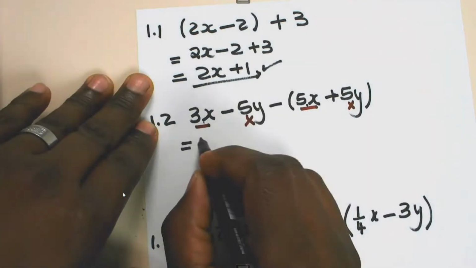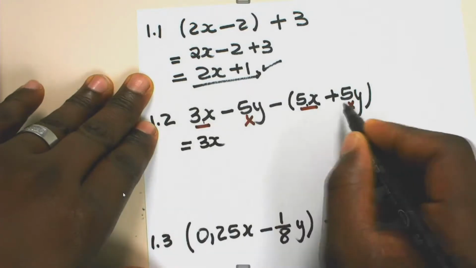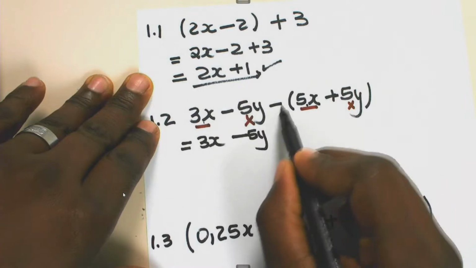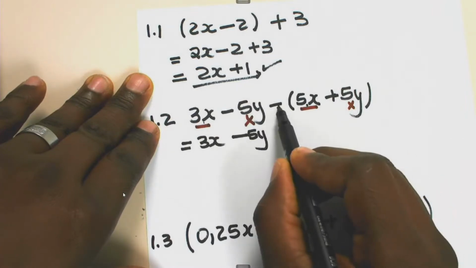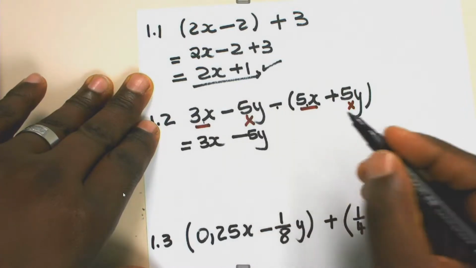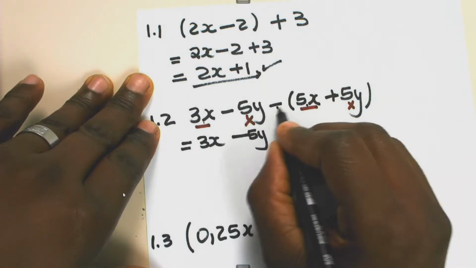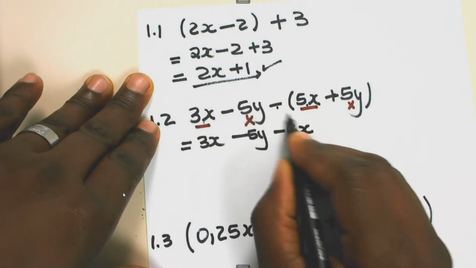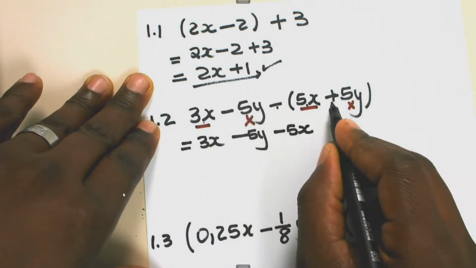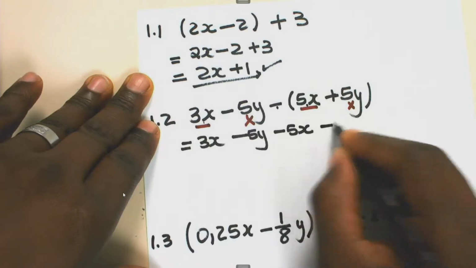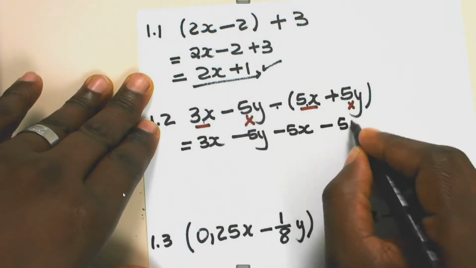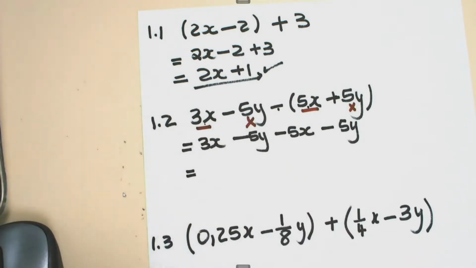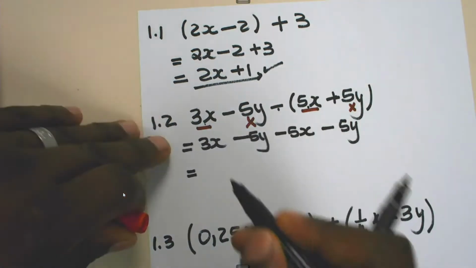You can just say 3x, you can remove the brackets, minus 5y. And then this is going to be negative, because it's negative multiplied by this according to the distributive property. Negative multiplied by 5x is negative 5x. Then the negative multiplied by positive 5y is also going to be negative 5y. And then from there, we can use the commutative property.